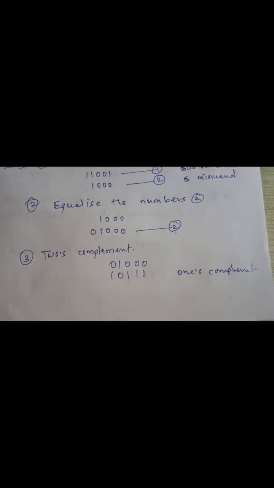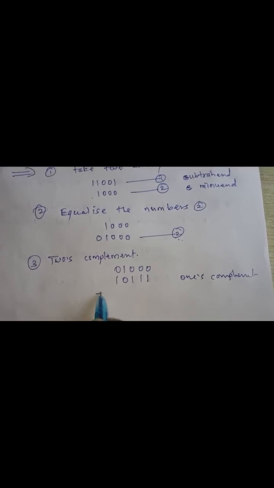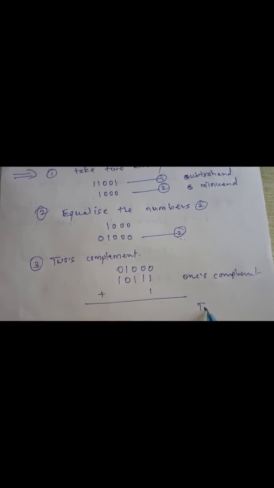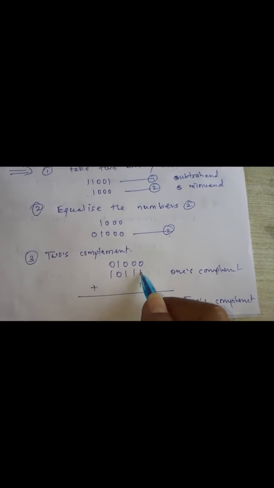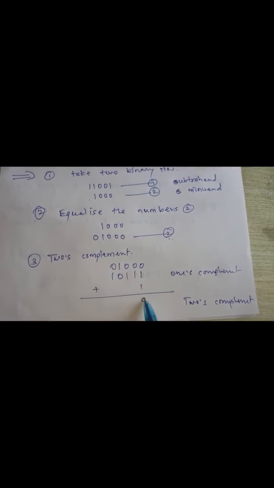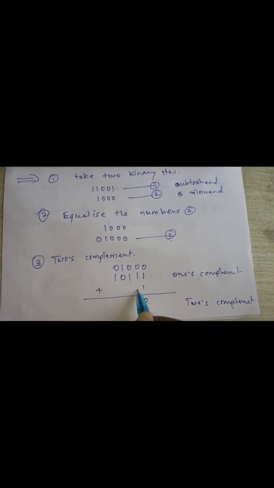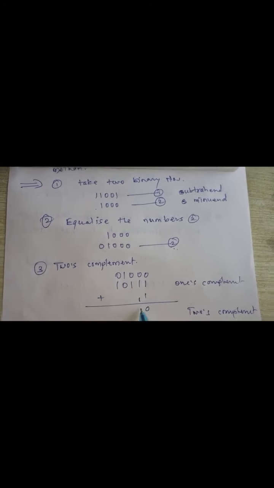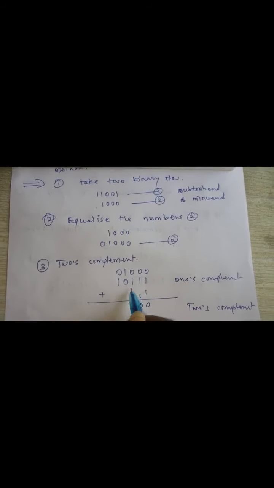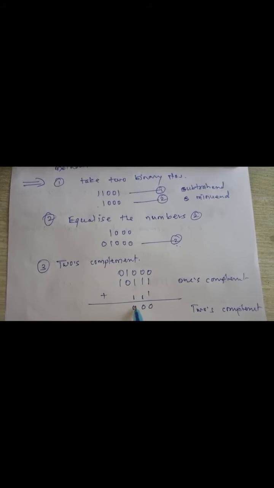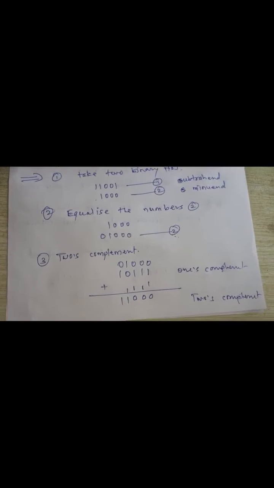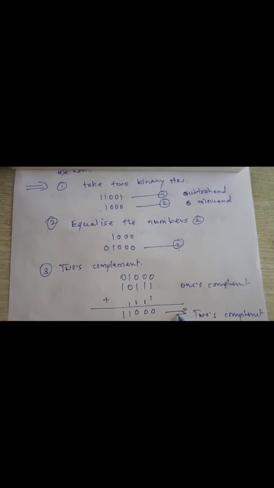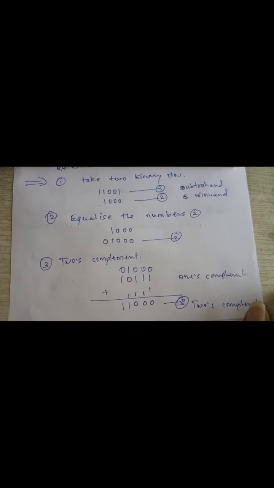This is the 1's complement, and to it we add 1 to get the 2's complement. 1 plus 1, the result is 0 and 1 is carry. Again 1 plus 1 is 0, carry 1. Again 1 plus 1 is 0, carry 1. Then 0 plus 1 is 1, and 1 here. So this is equation 3.